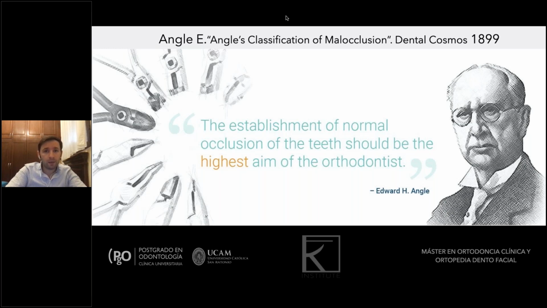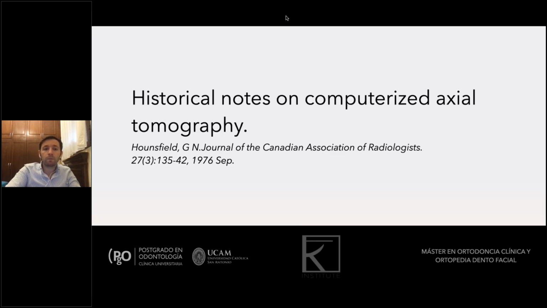We need to obtain function, we need to obtain a class 1, but we also need to obtain a 3-dimensional patient, not a 2-dimensional patient. So for us, it's different. The approach that Dr. Angle had in 1899 is very different from ours. Now we need to make a 3D diagnosis.